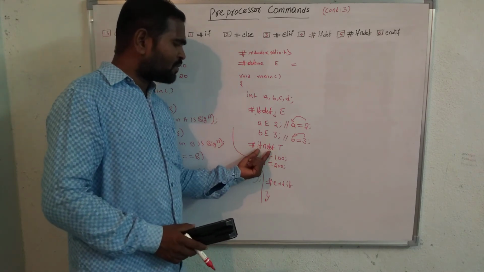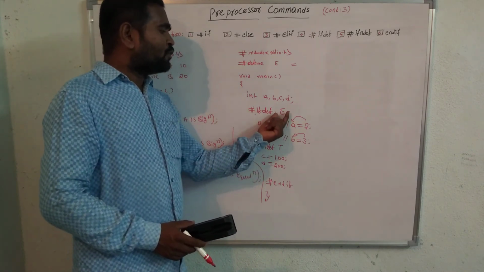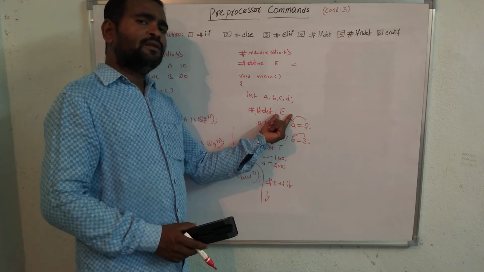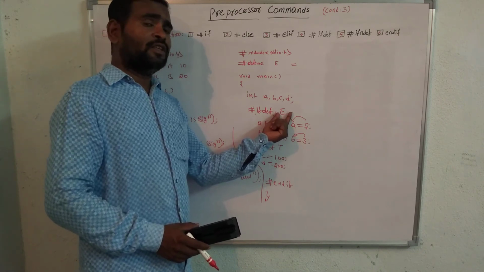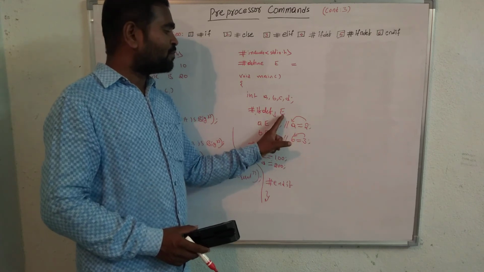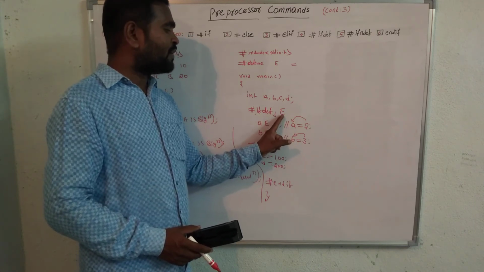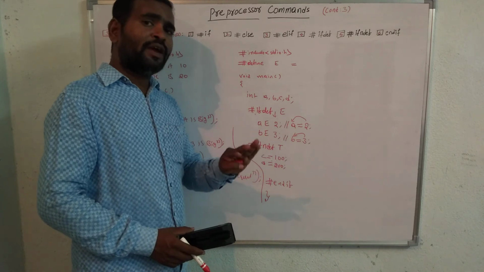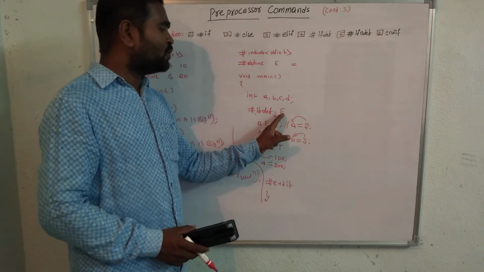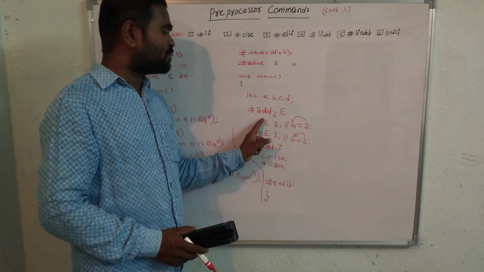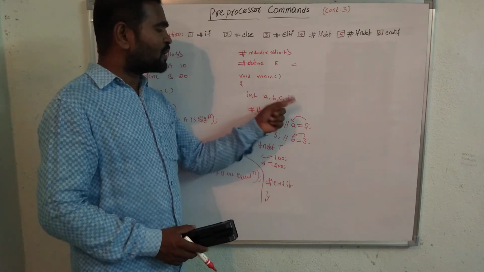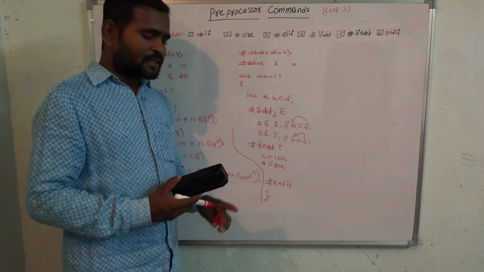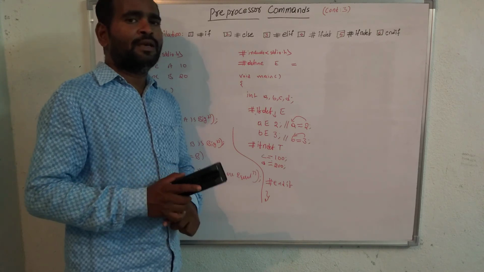In this case, what happens? If you define something, is this macro name, this defined identifier name, defined or not? If you define it, use these kinds of statements in this body. If you have not defined it, you can use the usual C assignment statements. That is the meaning here.